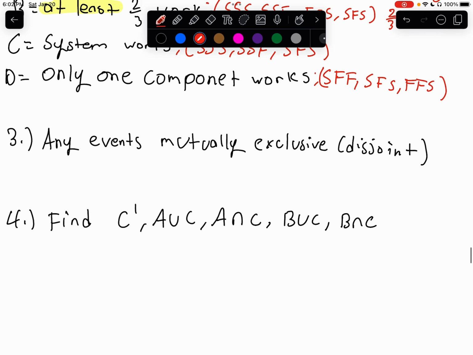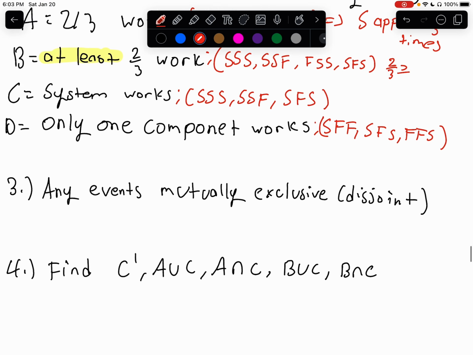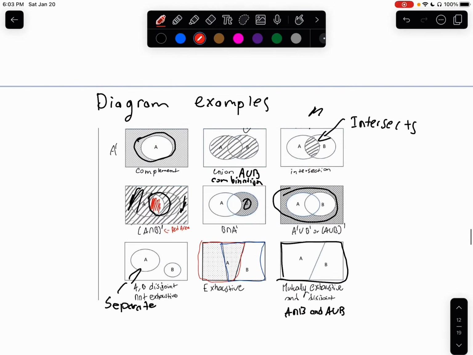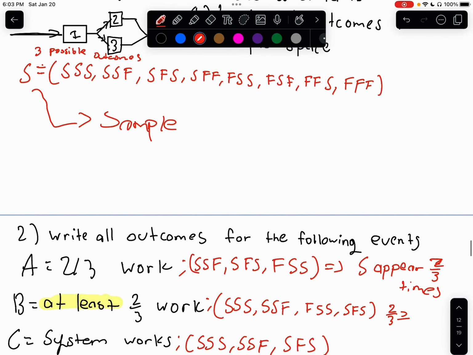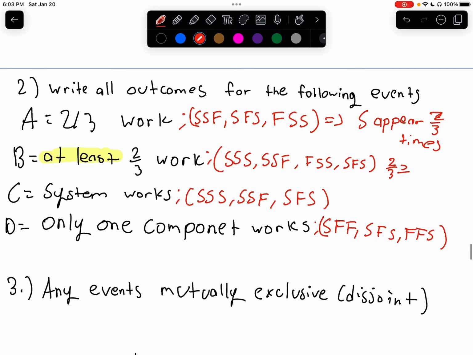As you go to number 3, are any events mutually exclusive or disjoint? Right? Remember, if we scroll up, we defined disjoint as no elements in common. So as we do the sample space, we're trying to look for whether any of our answers are connected to each other, right?